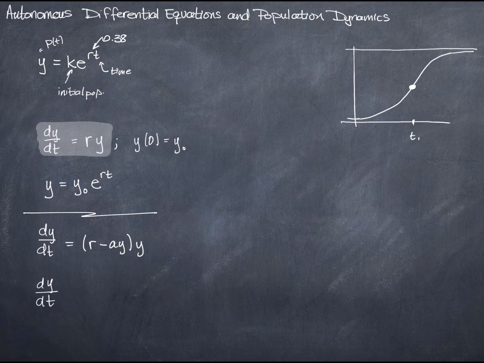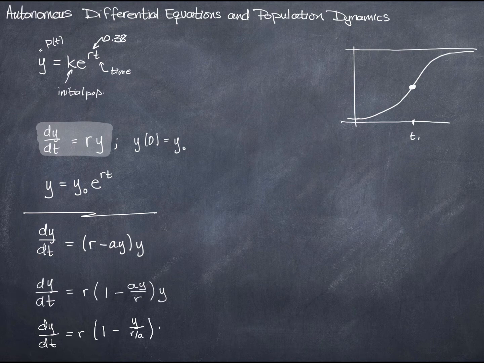But I'm going to do some algebra now. I'm going to say what happens if I factor out the r. Well, I'm going to get (1 minus ay over r) times y. And then I'm going to write this as y over r over a.